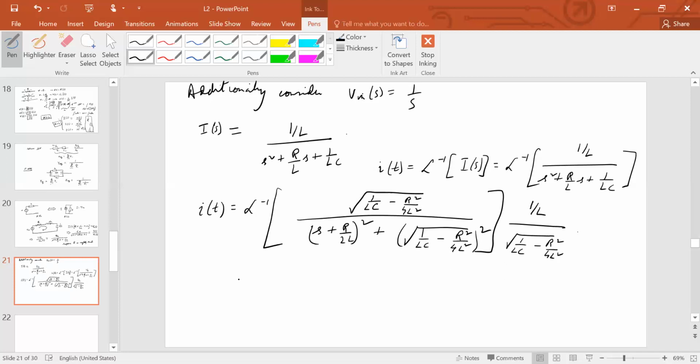Again, I'll not do all the steps, but I'll leave it to you as an exercise to see that this expression turns out to be, I hope I'm not making a mistake here, L by C minus R squared, I think it will be just R squared.